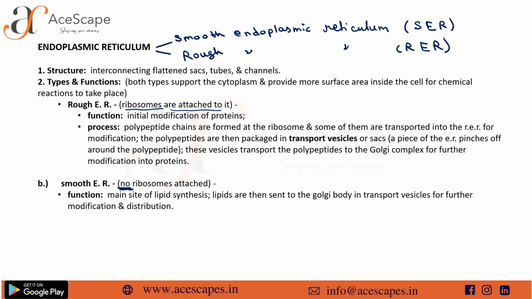So, the endoplasmic reticulums. Let's summarize this. Smooth endoplasmic reticulum, rough endoplasmic reticulum. The smooth one, why is it smooth? Due to lack of ribosomes.